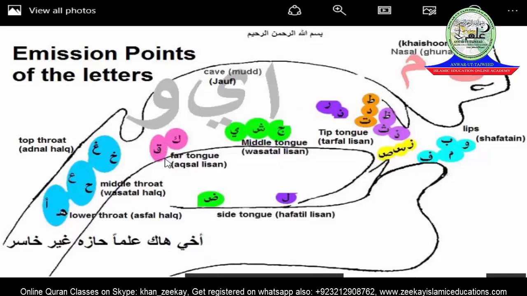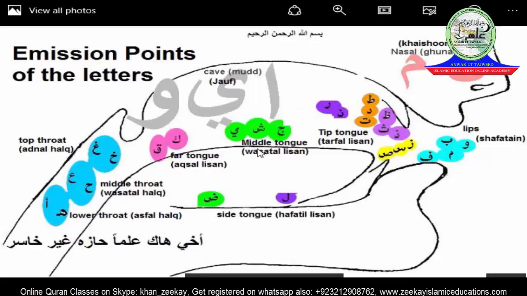But qaf is produced from a part which is a little nearer to our chest or throat. The next region was the middle tongue, and we produce jim, shin, and ya from this point.